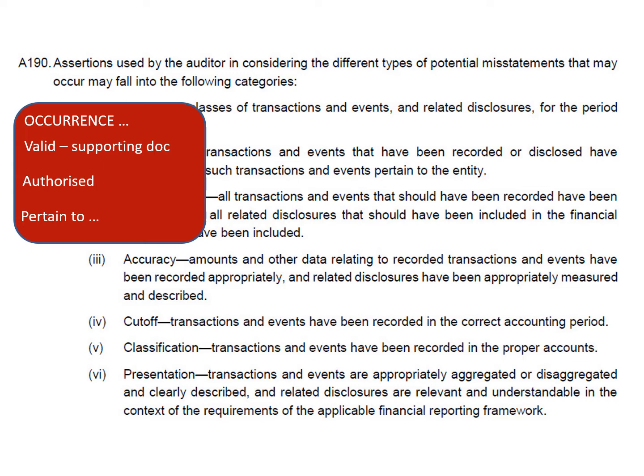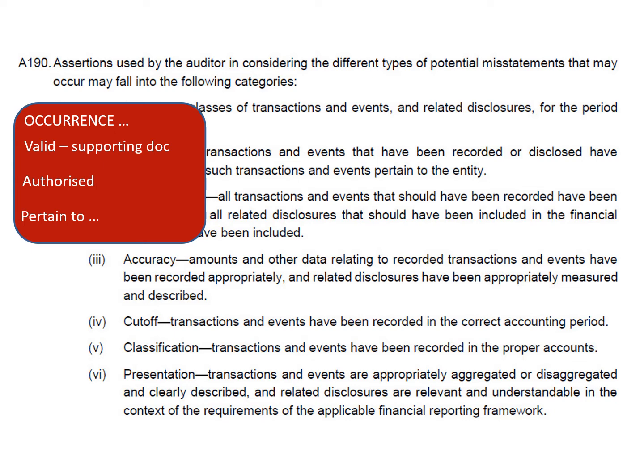So let's say, for example, you look at their general ledger and the description is McDonald's. Even though it might be a valid expense, and I've got a supporting document and it was authorized, it doesn't really pertain to the account balance that I'm looking at. So can you see something is wrong with regards to the occurrence? The same also goes on company level. If I am a car salesman, for example, selling second-hand or new cars, then the revenue I generate is for cars.